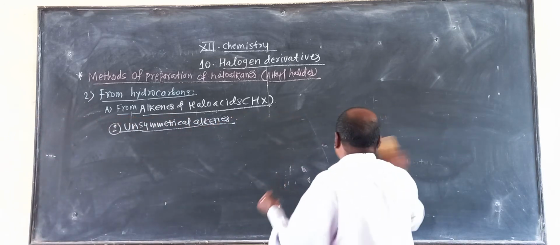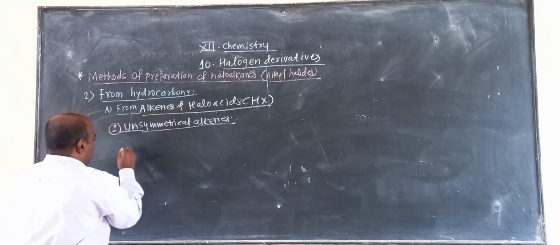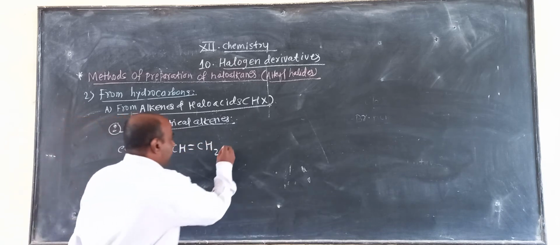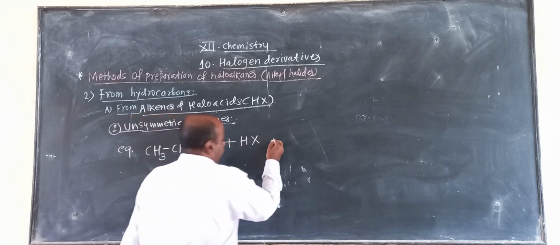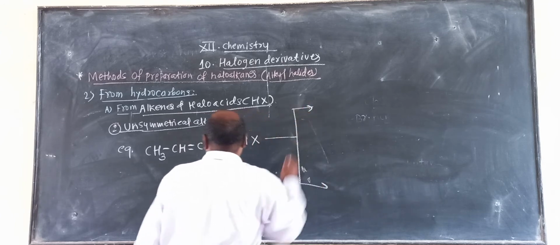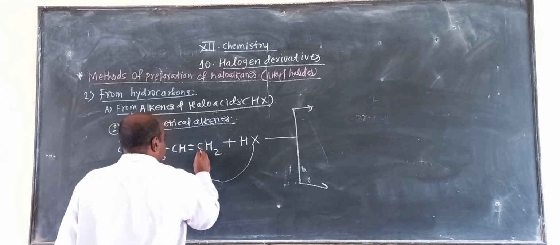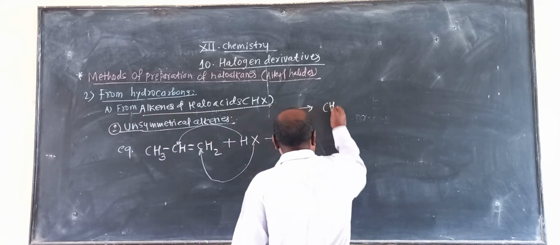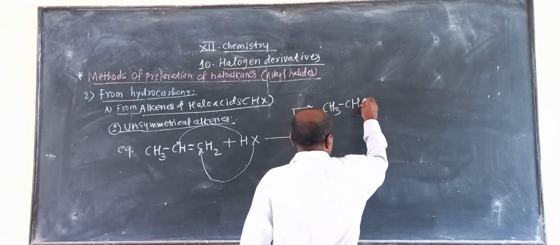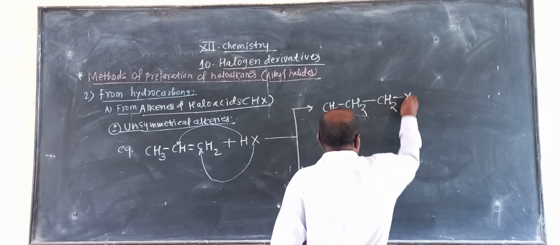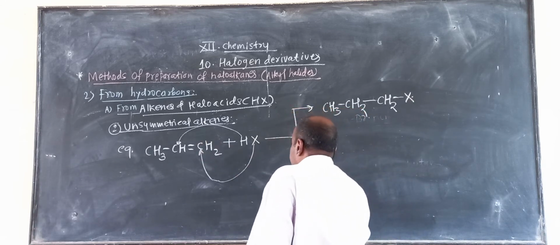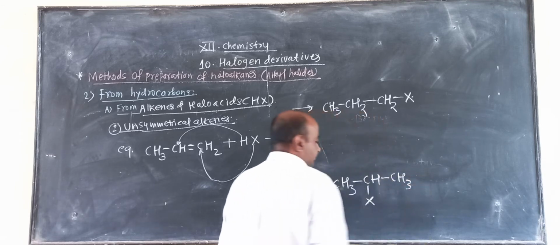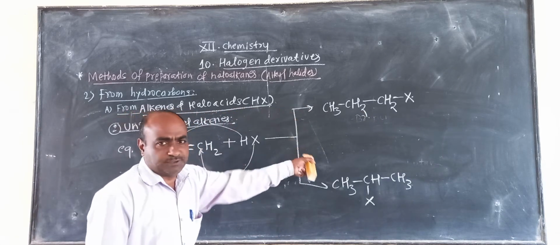When an unsymmetrical alkene like propene is added with the haloacid, then the products obtained are of two types. In the first way, suppose the X atom is attached here, then the remaining hydrogen is automatically added on the second carbon atom, so you get the product CH3 CH2 CH2X, and in the second way the product obtained is CH3 CHX CH3. So here you get two types of products.